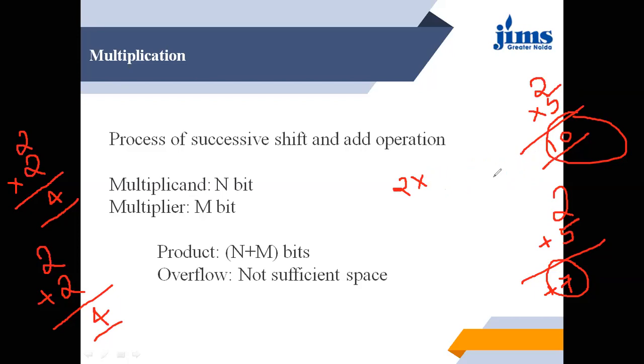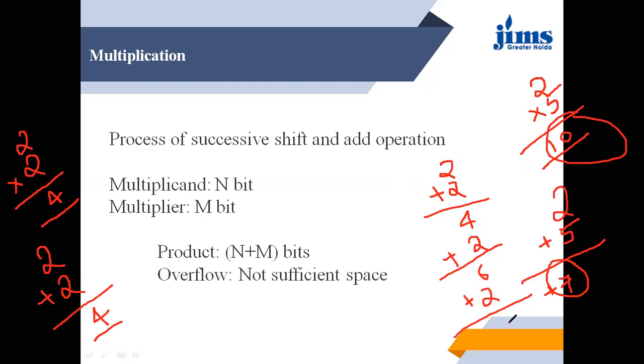So if I add this 2 with 2, this is 4. If I add one more 2 in this, this is 6. If I add one more 2, then this is 8.